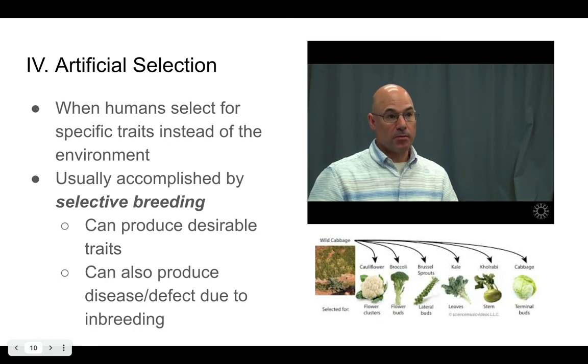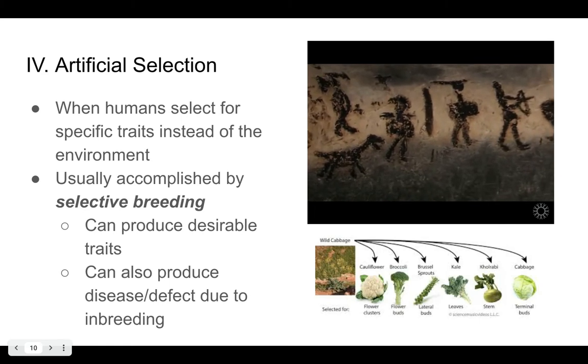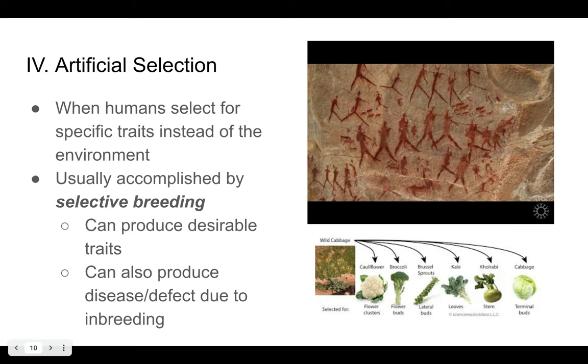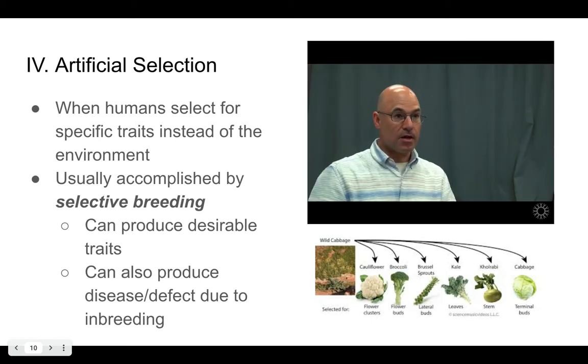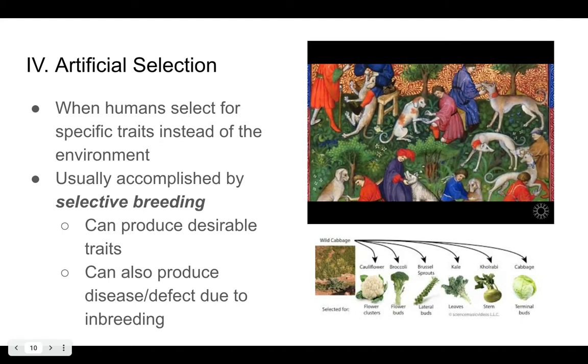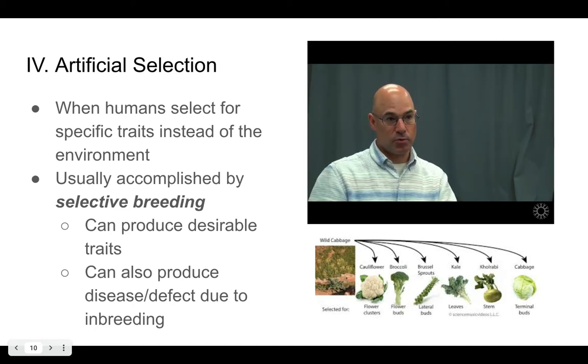And over time, that breeding became more and more sophisticated, so that they were actually choosing dogs that did things that were useful to them, like help them hunt or help them herd their herd animals like sheep or cattle. And so, over time, it's this artificial selection process of humans choosing which animals would live and which ones would breed that leads to the formation of these different breeds.